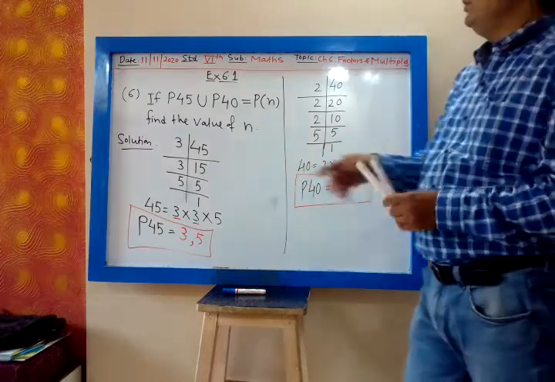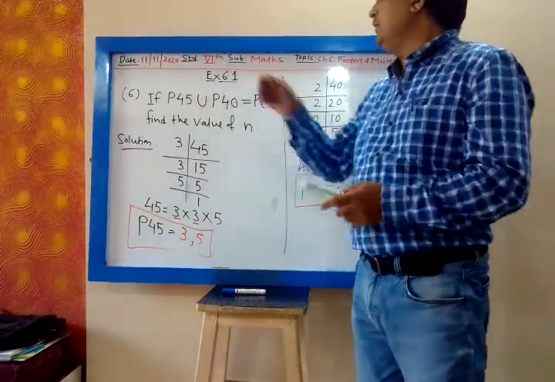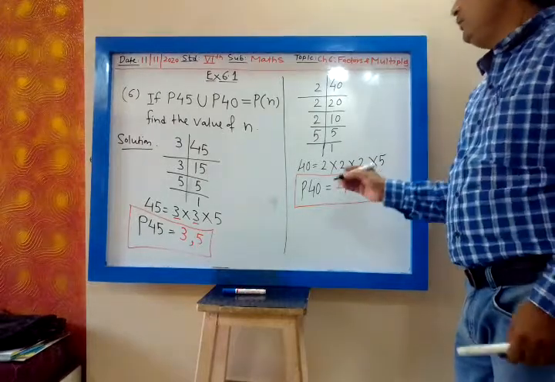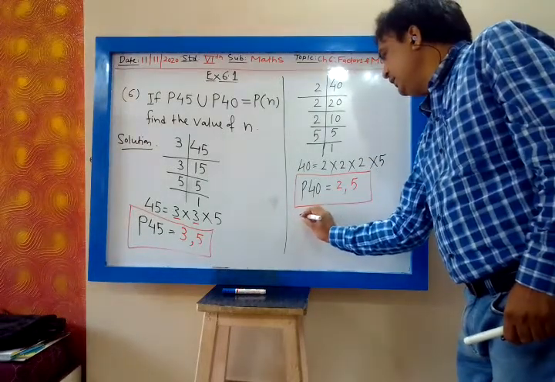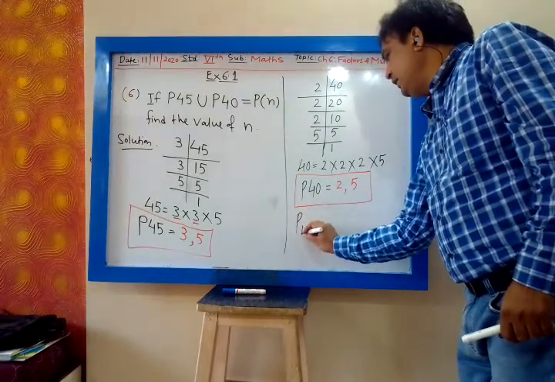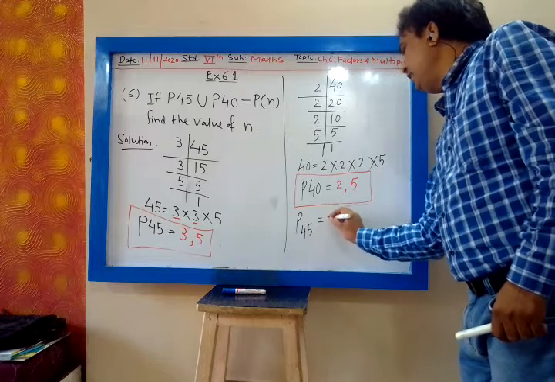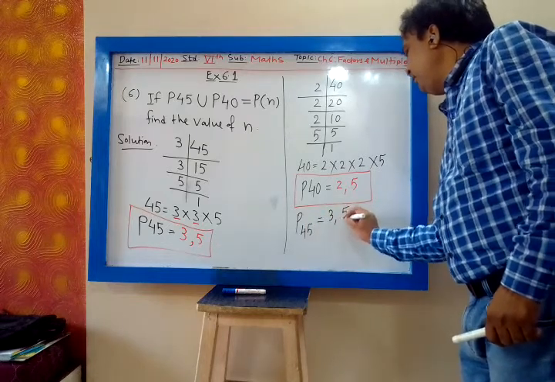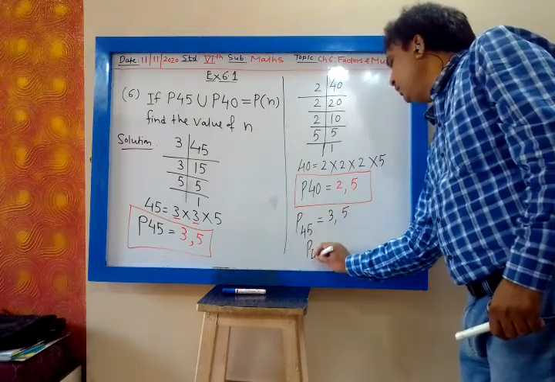P40. Now we want to find the union of these two. P45 is 3 and 5, and P40 is 2 and 5.